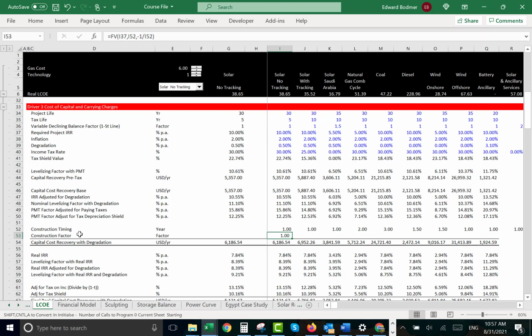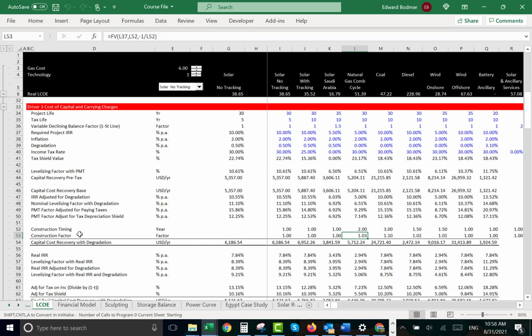Okay, and when we do that, you can see that in this case, when we had 3 years, we should increase the construction cost by 10%.